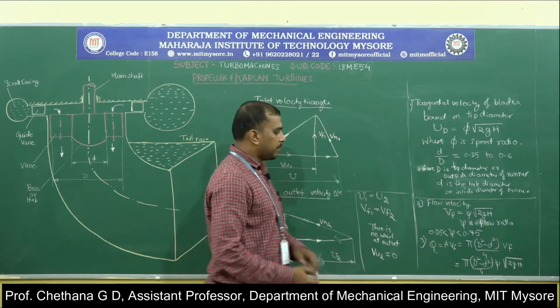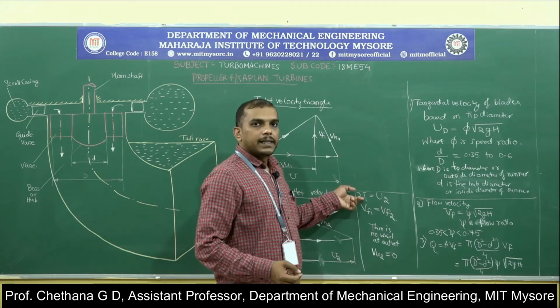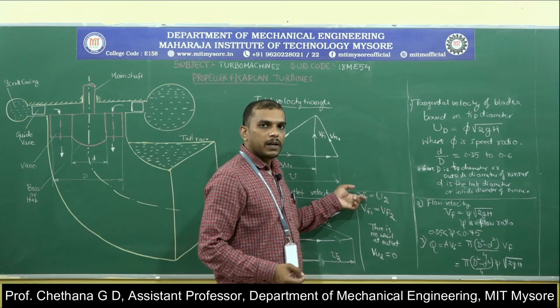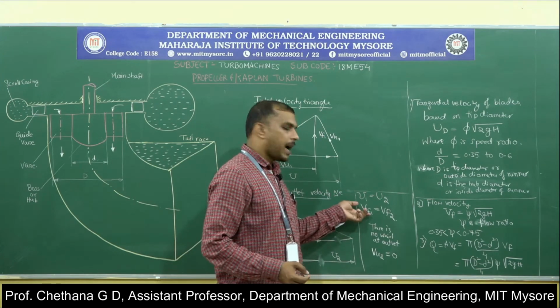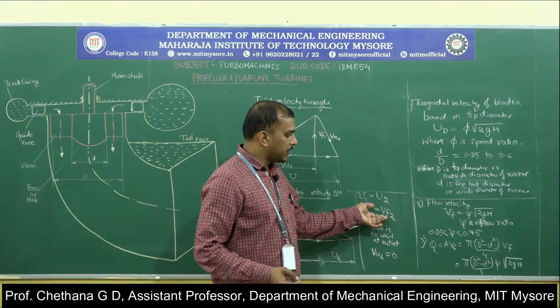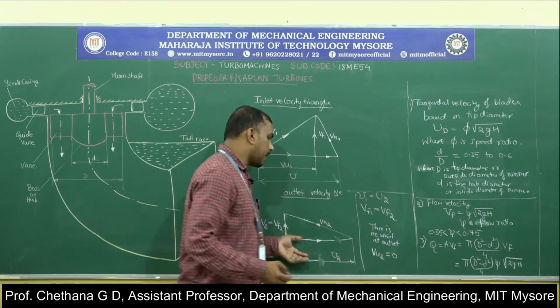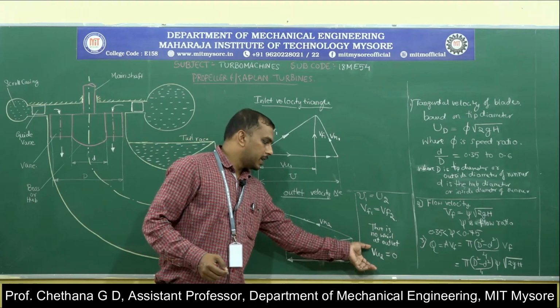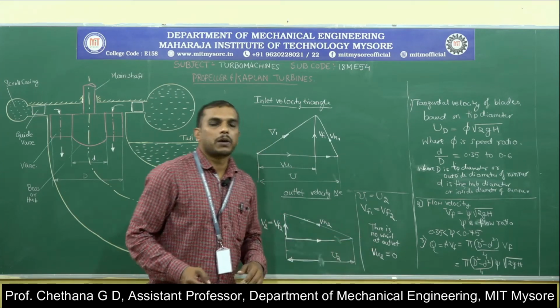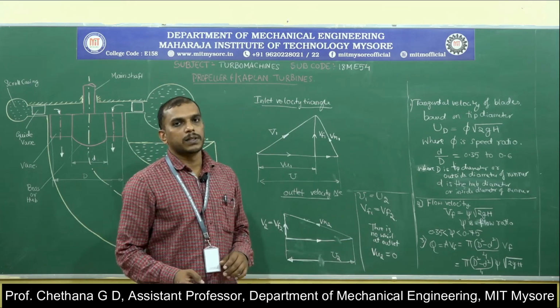Okay. Now what is important to note here? U1 will be equal to U2 and Vf1 will be equal to Vf2, and also in the outlet velocity triangle know that the whirl velocity component Vu2 will be equal to 0.